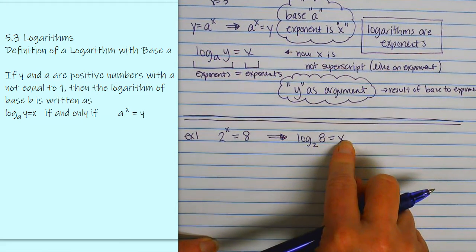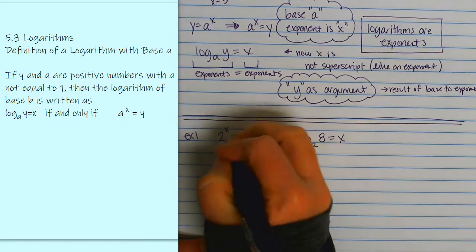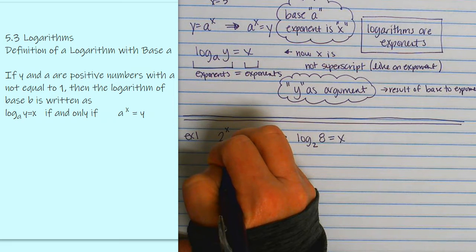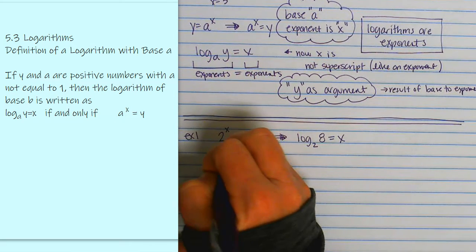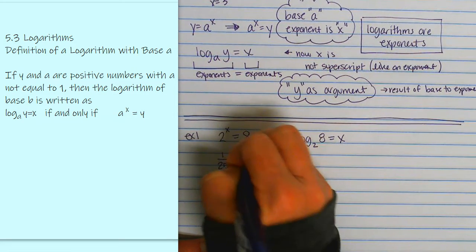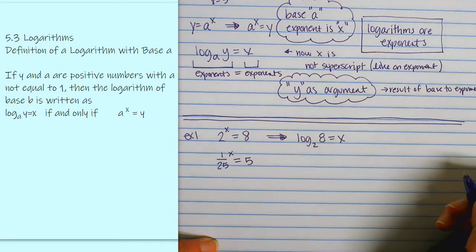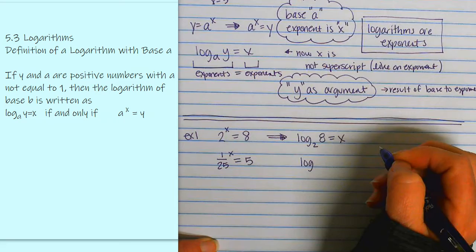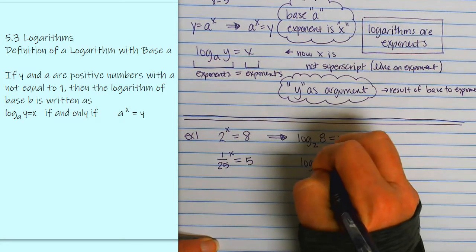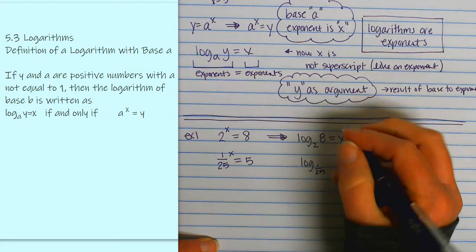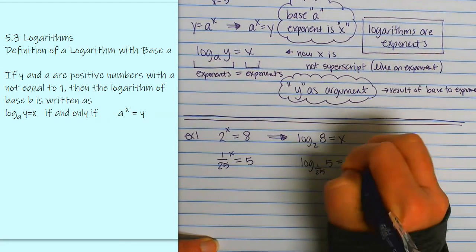Whatever's in the exponent position is equal to the logarithm. Let's say I have 1/25 to the x equals 5. I would rewrite this as log base 1/25. This is the argument, 5, equals the exponent.